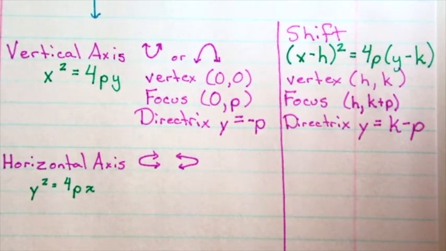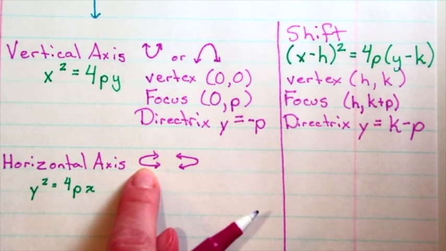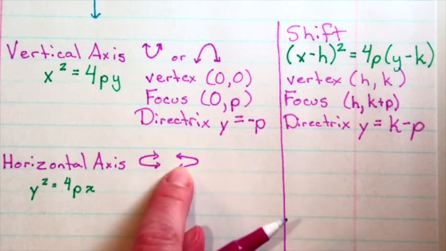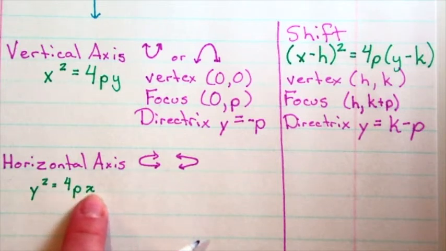So let's switch it around. What if we have a horizontal axis? What if we switch it and it opens to the right or it opens to the left? Well, instead of having x squared, we're going to have y squared is equal to 4px. It follows the same patterns.